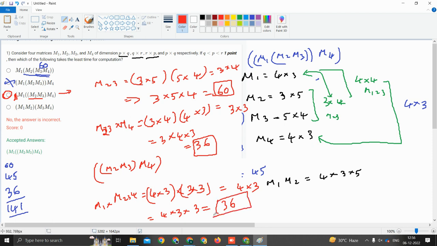So if we sum these, how much is it going to be? 132. It's 60 plus 72, right? Yes, 132. Both are resulting in the same matrix, but the number of operations is reduced in this one, right?